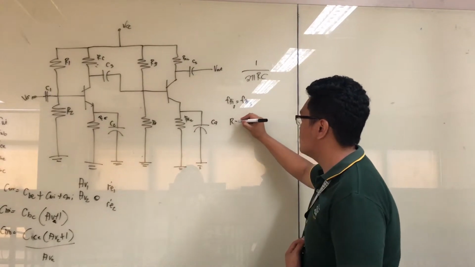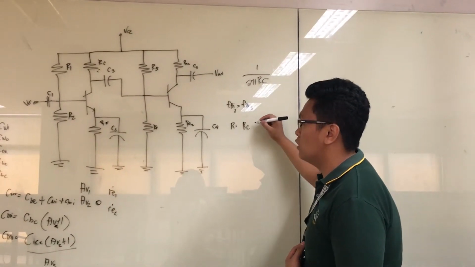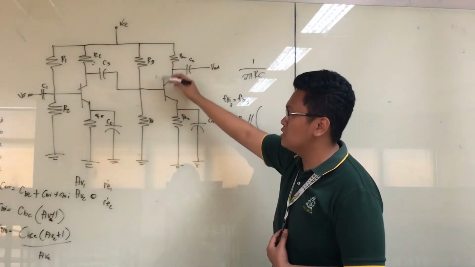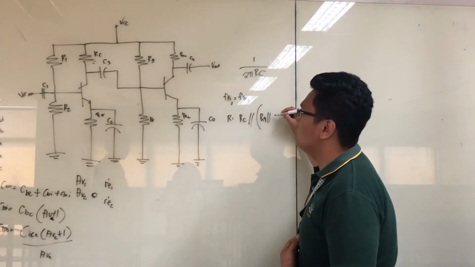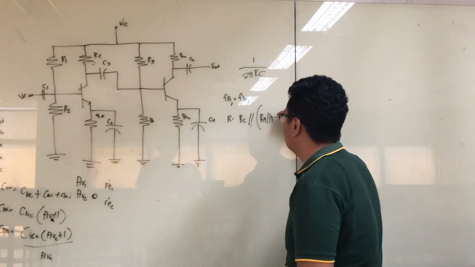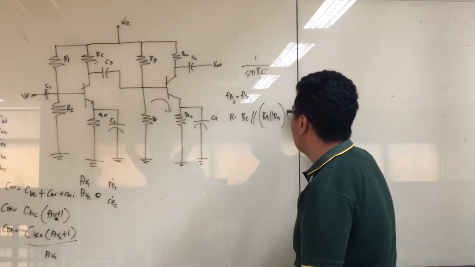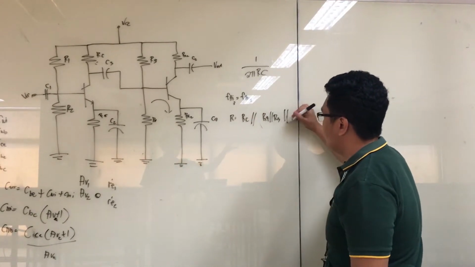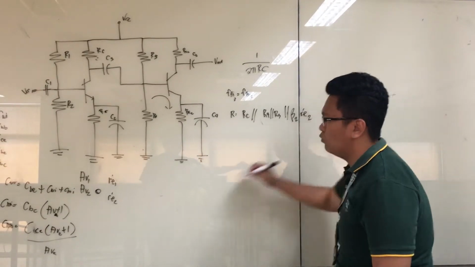Now for your resistance, the total resistance will be the resistance of the collector parallel to the resistance here, which is R4 parallel to R3, then going down here, parallel to beta 2 R2.